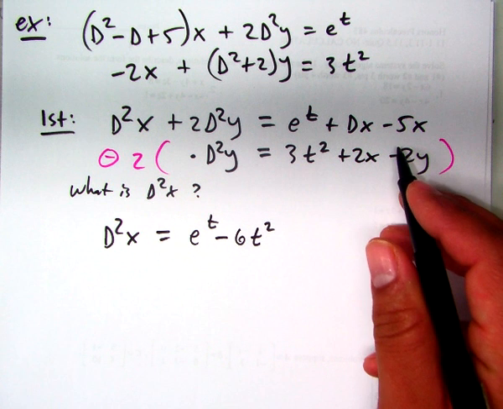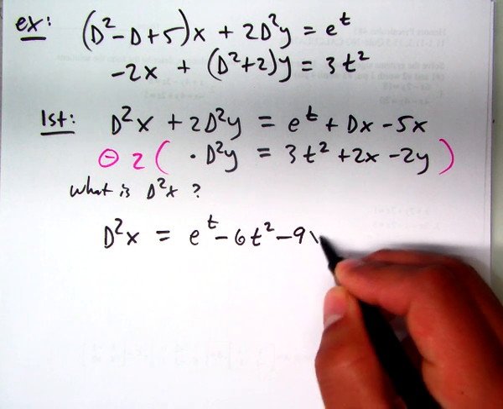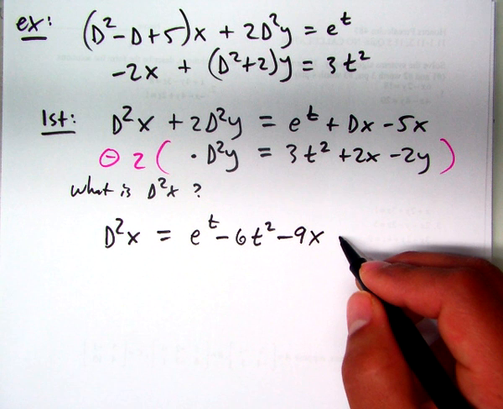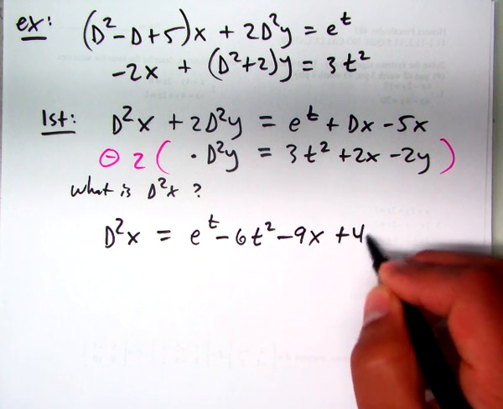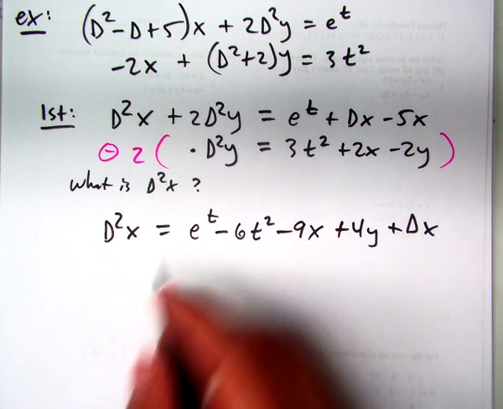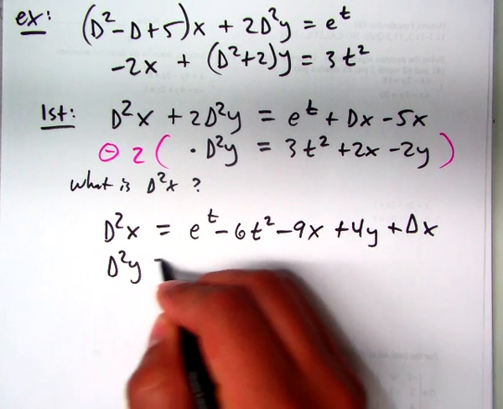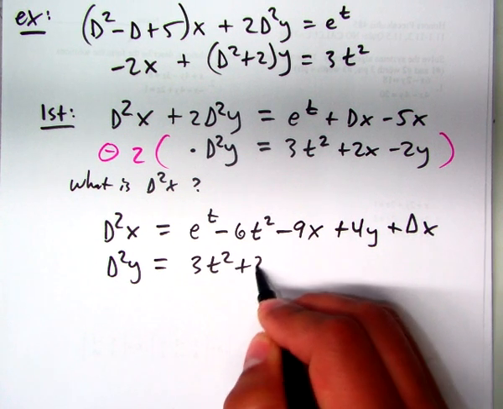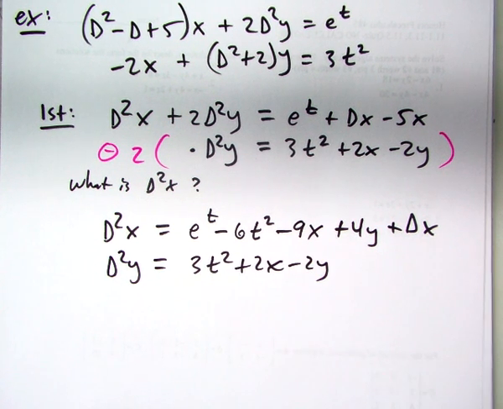Let's see, we're going to have minus 9x plus 4y plus Dx. And we know what D²y is. That was 3t² plus 2x minus 2y.